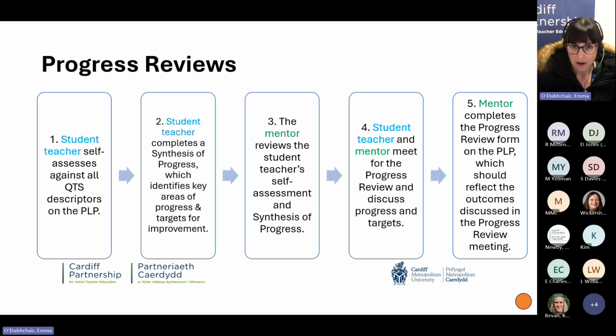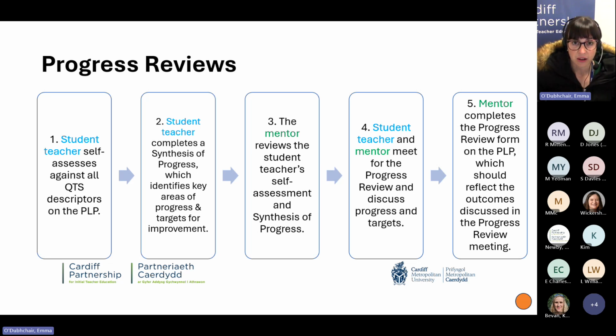They're very much aware of that. So they might find it quite tricky at this early stage, at this first progress review, to make accurate and robust judgments about themselves because they don't necessarily know what they don't know. However, it's still worth getting them used to that self-assessment process and thinking about their practice so that they can come to you for the progress review having done that self-reflection, self-evaluation.